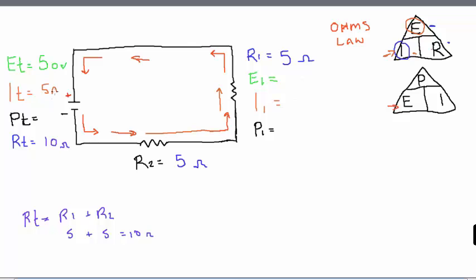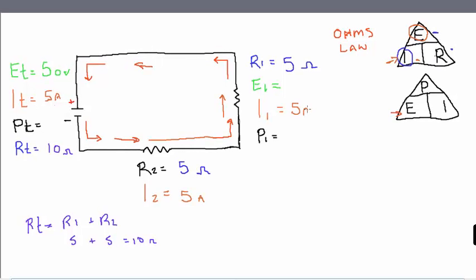So same thing as last time. No difference there. And the amperage stays the same throughout the circuit because it must run through that resistor and it must run through this one. So my amperage at resistor 2 is going to be 5 amps, and my amperage at resistor 1 is going to be 5 amps. Now here's where it changes a little bit.